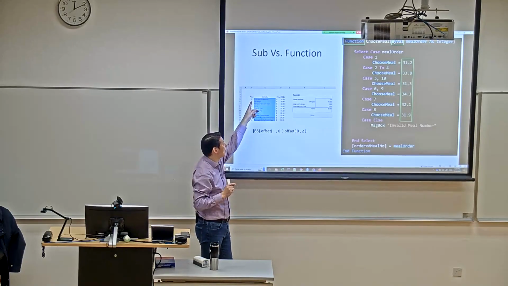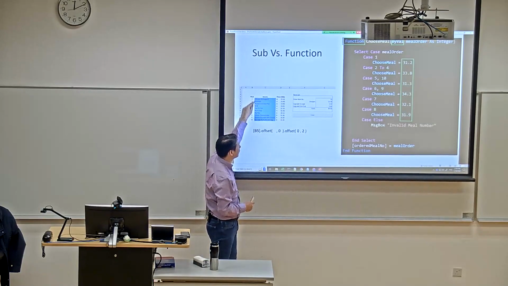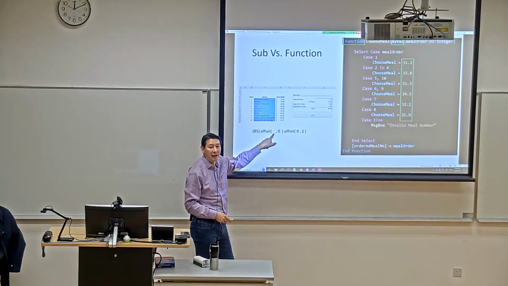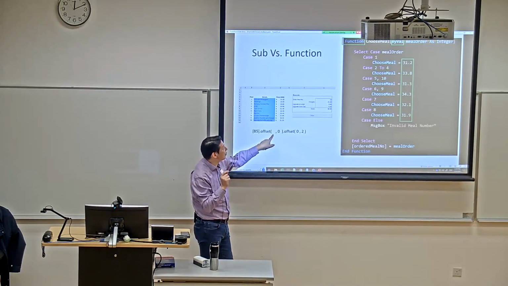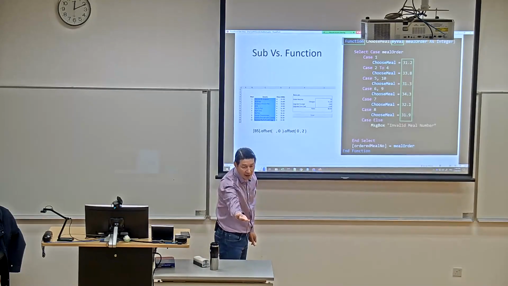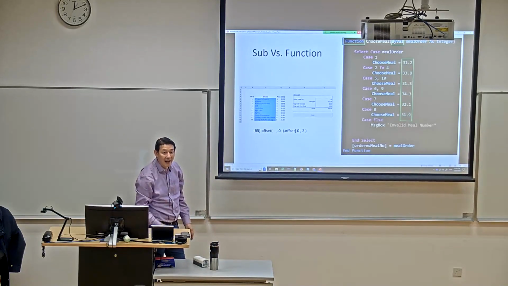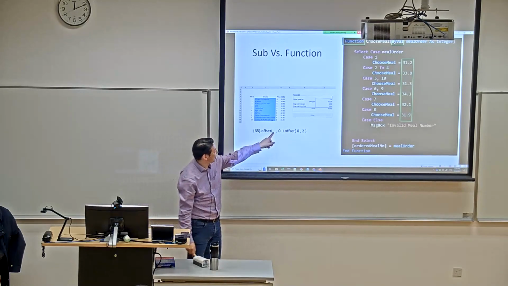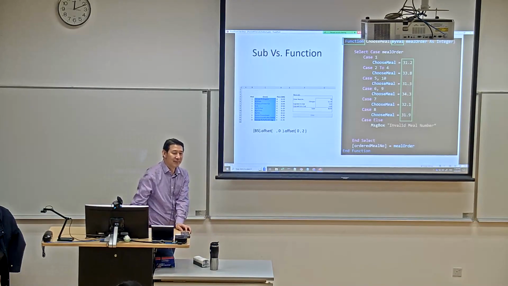If the user enters meal number 1, I think this one should represent this row number, because this one is 0. So what number needs to be there? Of course, the number should have something to do with the meal number.